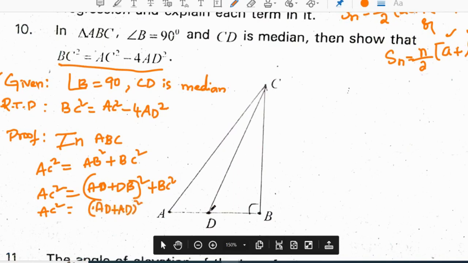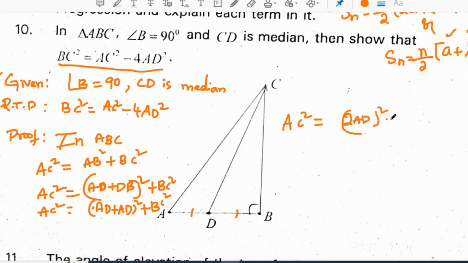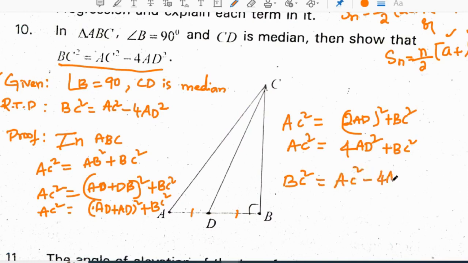Reason is both are equal, D is median. So plus BC square. So left hand side AC square is equal to AD plus AD is 2AD whole square plus BC square, which becomes 4AD square plus BC square. So we will take this BC square to the left hand side. BC square is equal to AC square minus 4AD square.